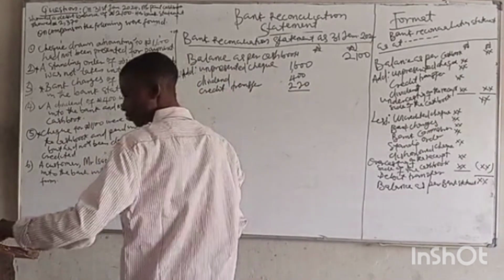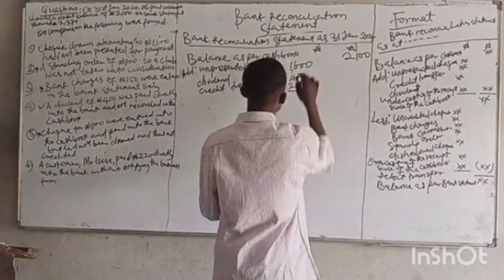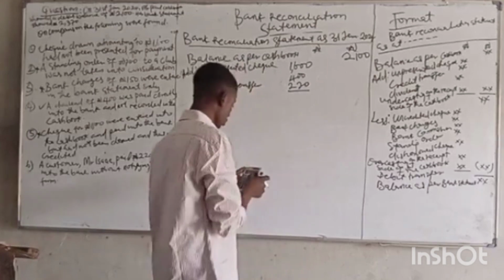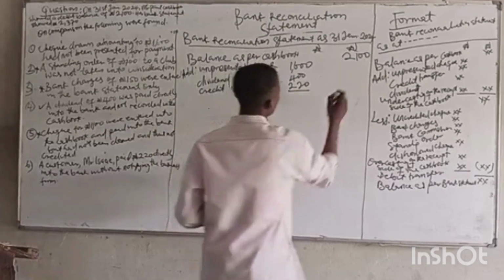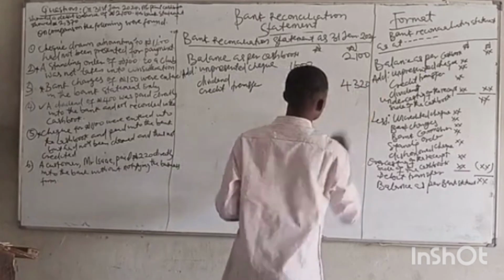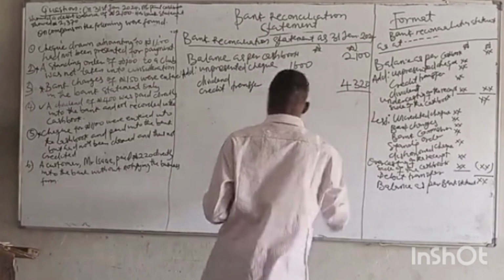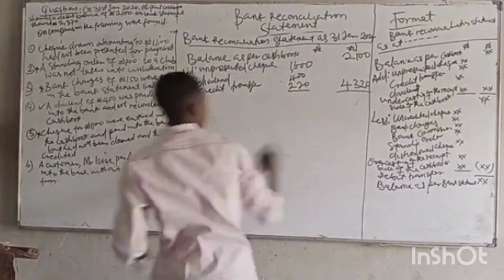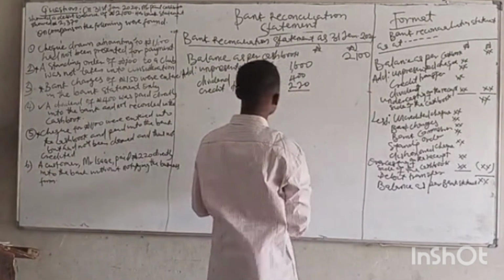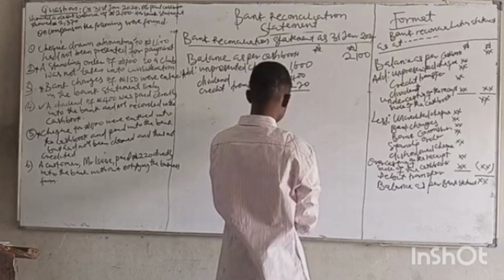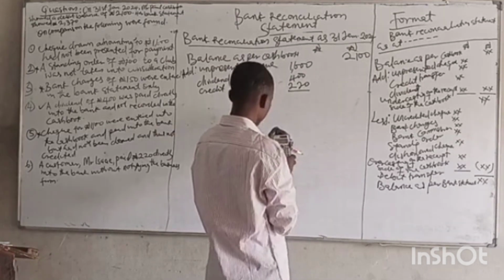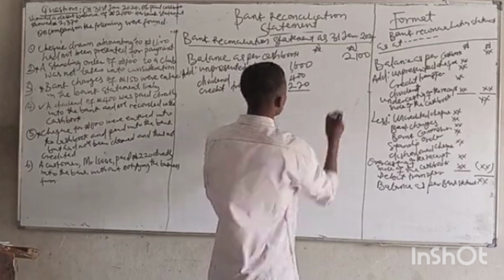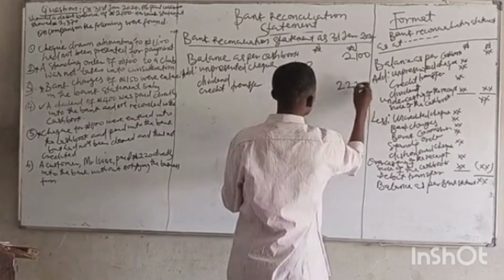And so when we add, to use calculator, when we add, if you add 1,600 plus 400 plus 220, we have 2,220.